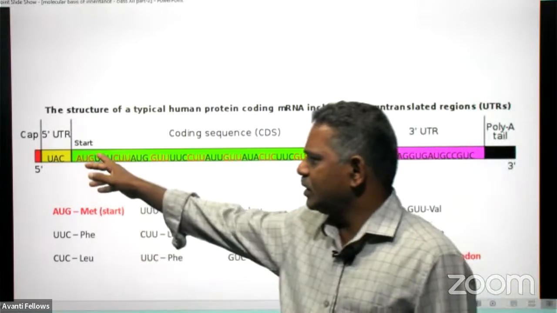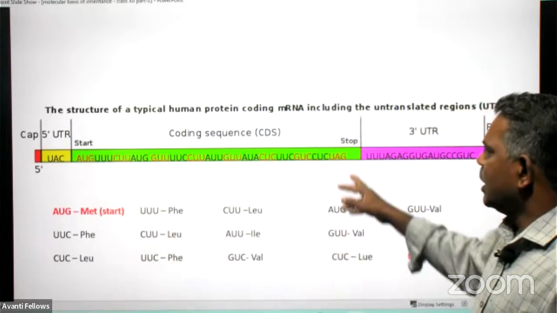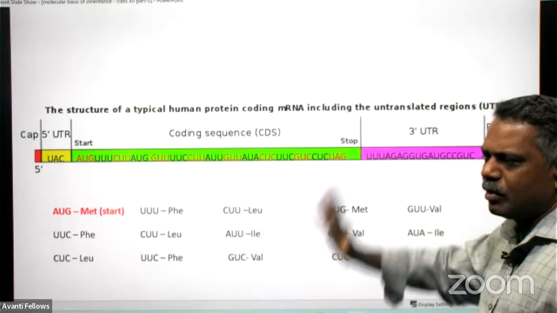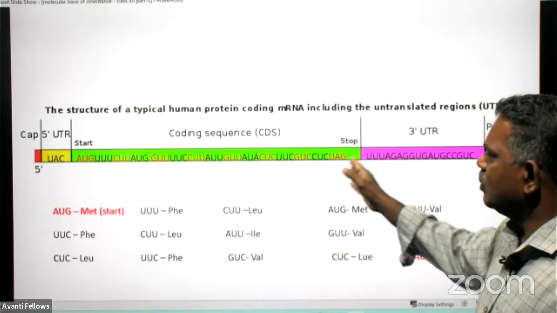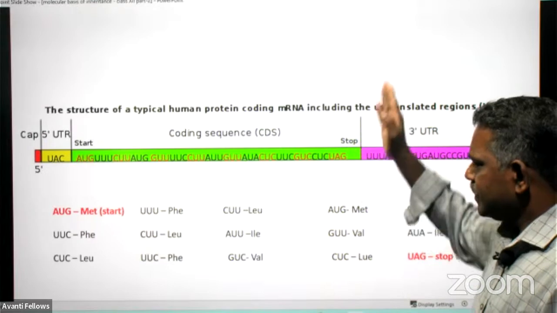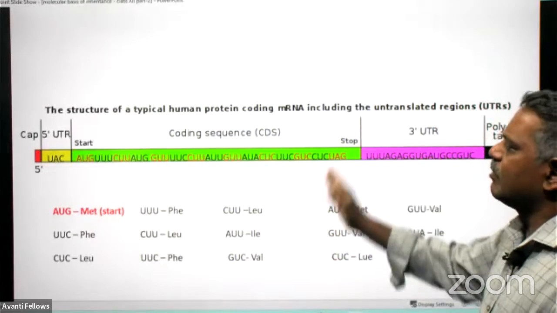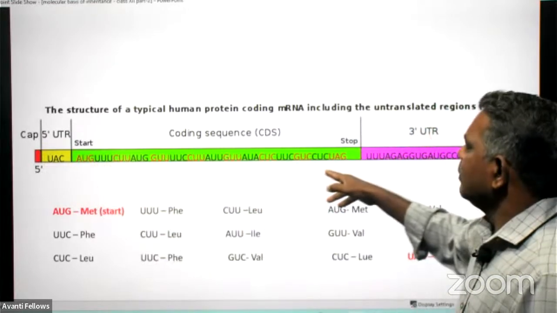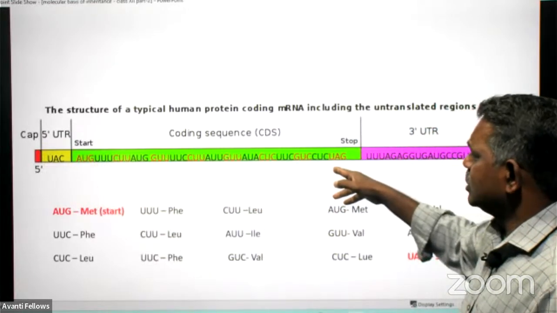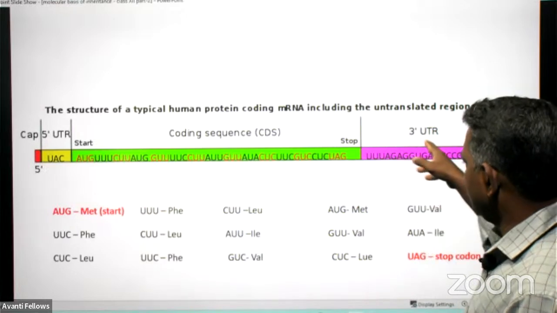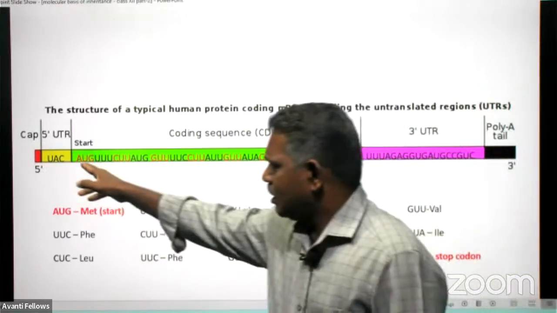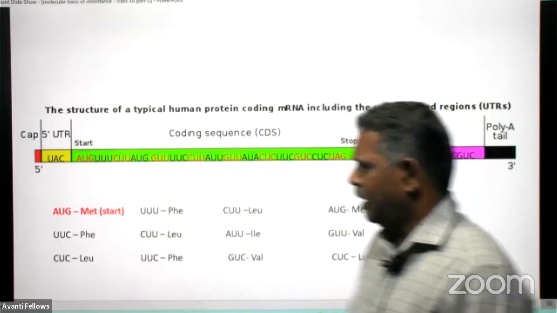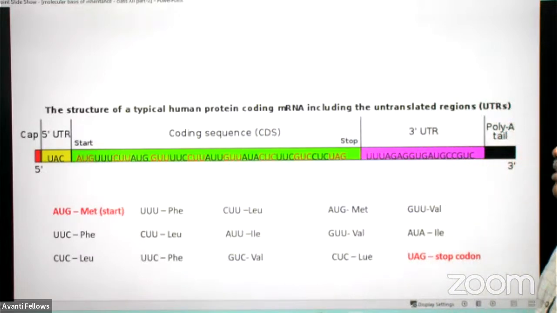Always it starts with the AUG, remember, and ends with the stop codon or nonsense codon like UAG. So the number of amino acids present in the protein depends on the number of triplet codons present between the untranslated region of the 3' end and the untranslated region of the 5' end.